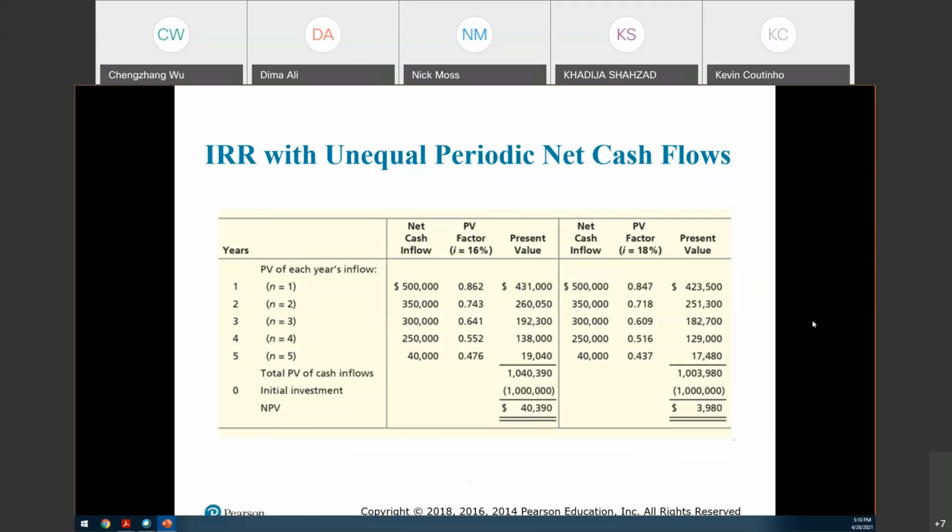You see, this number is very close to 0. So the IRR must be slightly higher than 18%. So using this method, you can determine the IRR where the project has unequal periodic net cash flows.